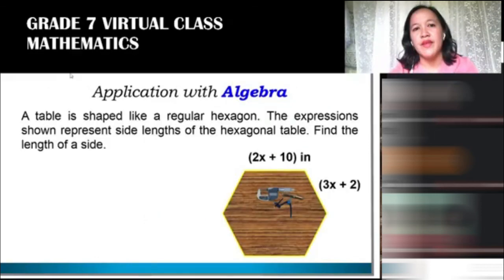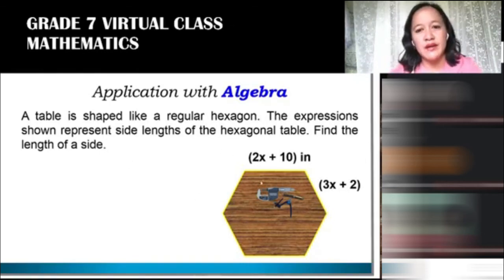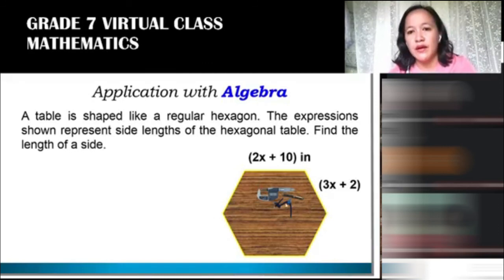Ayan. Now, for our application, we're going to apply now our knowledge on polygons with algebra. So I have here a table. It is a regular hexagon. When we said hexagon, how many sides? 6. Okay, 6 sides.